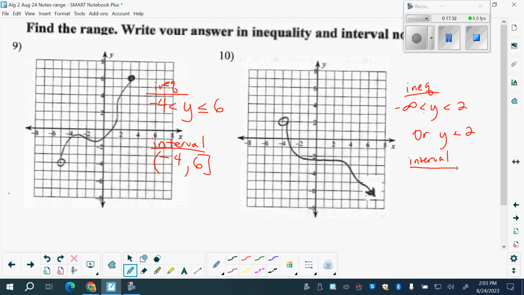Yeah, and that's always hard because this is something new. So negative infinity is smaller, goes on the left, and then 2, and then we have parentheses or brackets. Parentheses. So I know you guys weren't here yesterday when we talked about this. A bracket means it includes the number. So this 2 has an open circle. This is the symbol for infinity, always a parentheses because it's just one number.